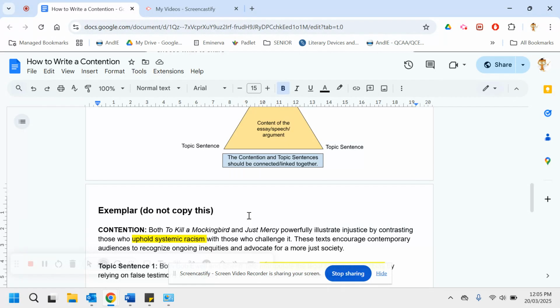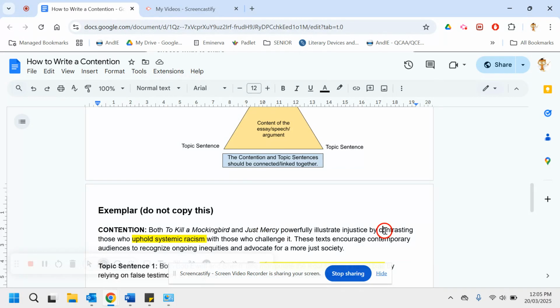Now, reading that contention, I should understand, or my reader should understand, that I'm going to talk about injustice, which is the concept. I'm going to talk about it in relation to two different texts, so To Kill a Mockingbird and Just Mercy, and I have them in italics because they're titles.